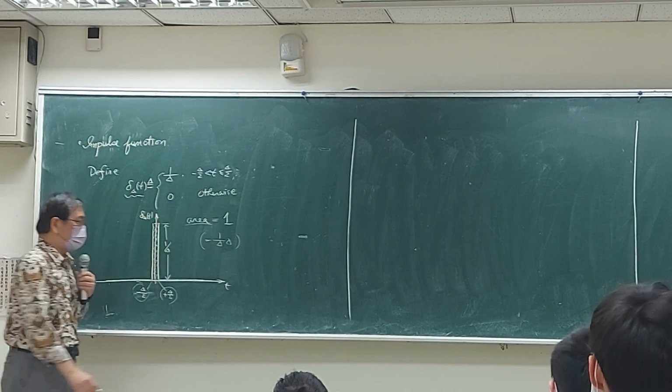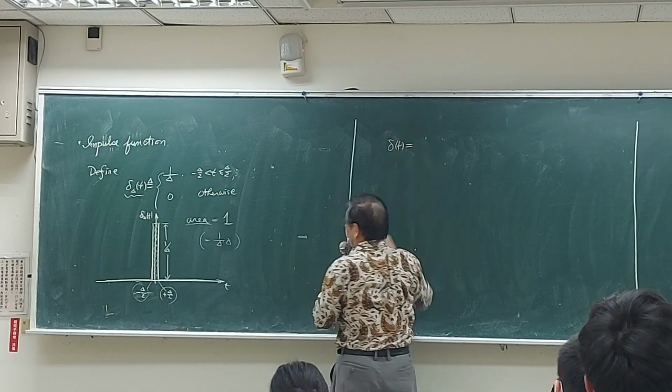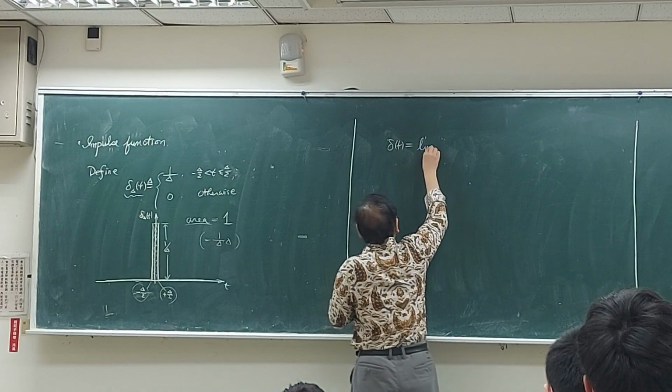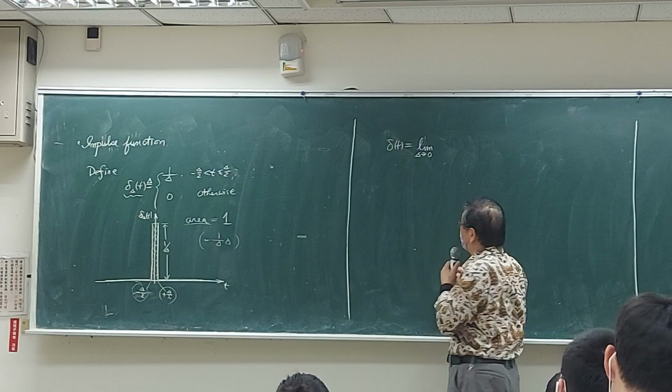Now, what if I define the impulse function delta of t as the limit as delta approaches 0?